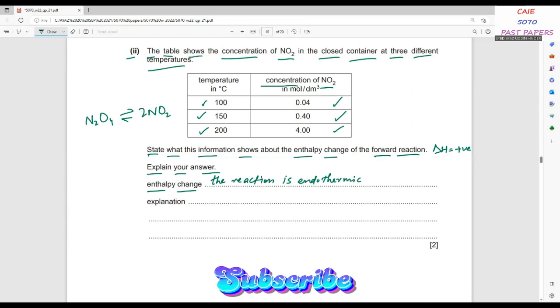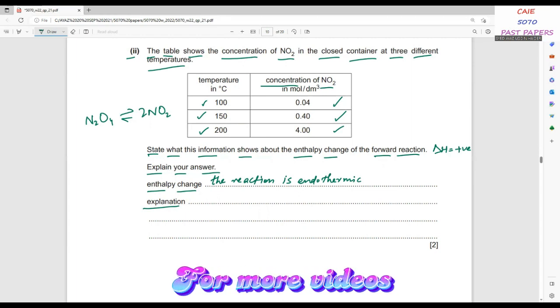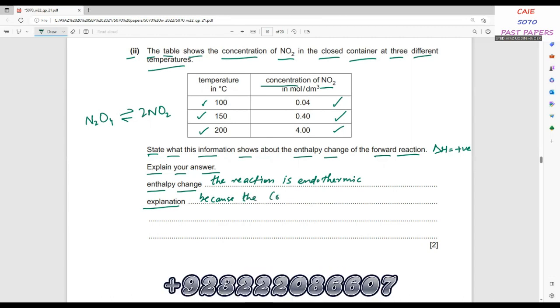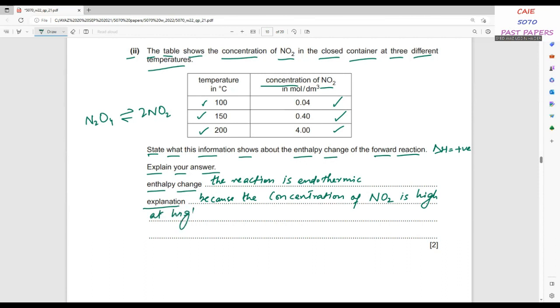Then you can refer to the concentration of either NO2 or N2O4 at different temperatures. For instance, if you want to write for NO2, you can write because concentration of NO2 increases, the concentration of NO2 is high at high temperature.